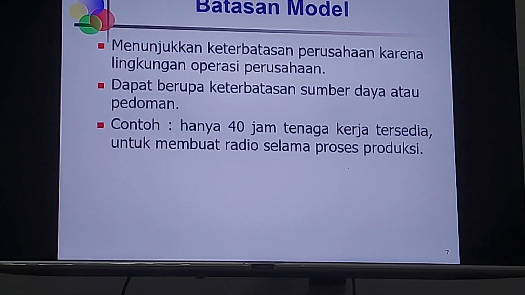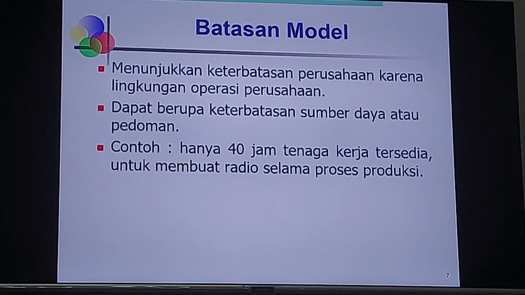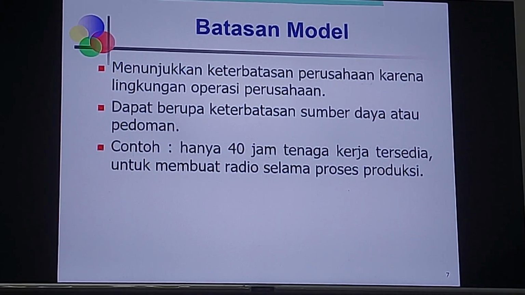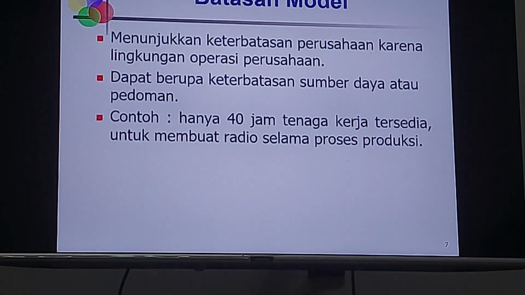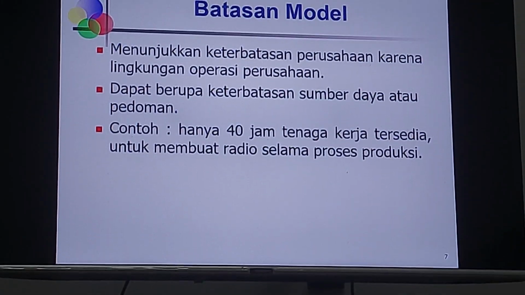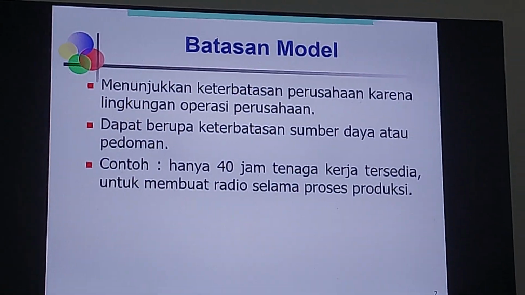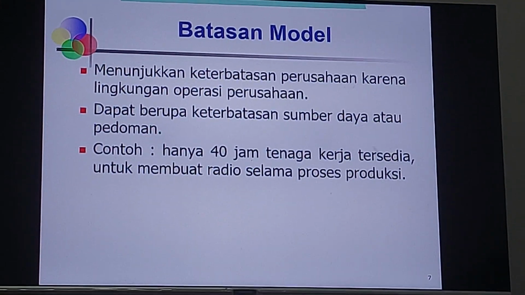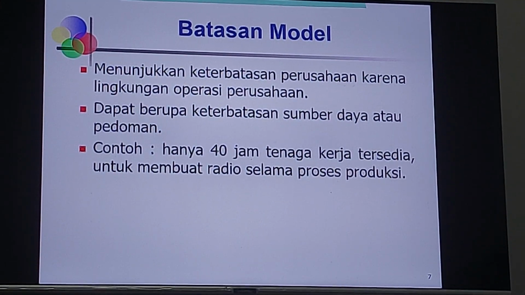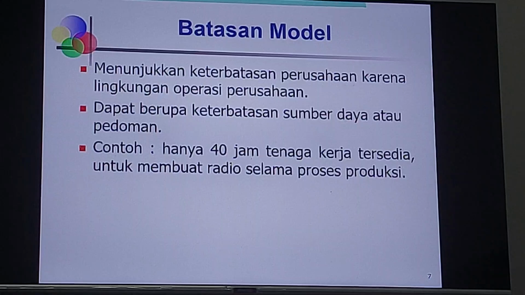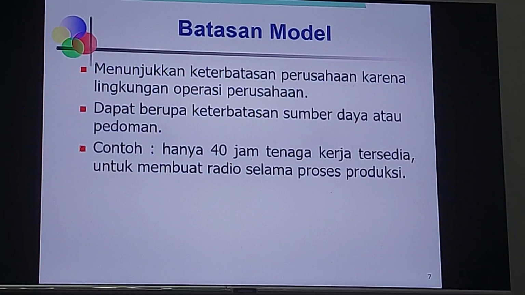And this is a constraint, say, only 40 hours of worker. Worker doesn't always mean number of people. It could be hours, because even though you have so many people, if they're doing nothing, they're not working. They just stand by. But this is hours, and this will also define how many people. One day is how many hours of work normally in a factory?